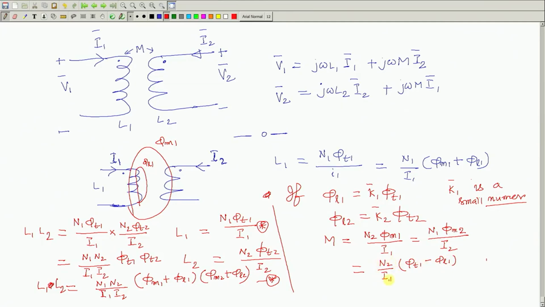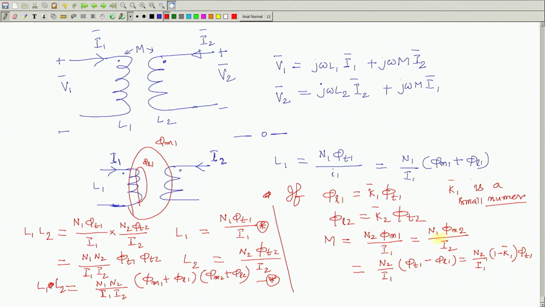This will be your phi M1, but phi L1, as I have told you, is a fraction of the total flux, so it is N2 by I1 into 1 minus K1 bar into phi T1.